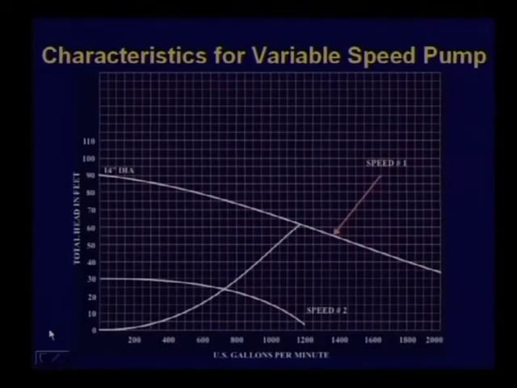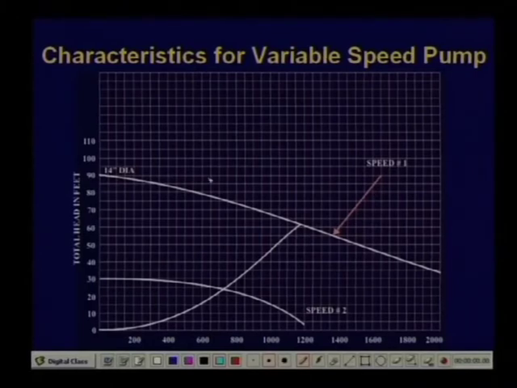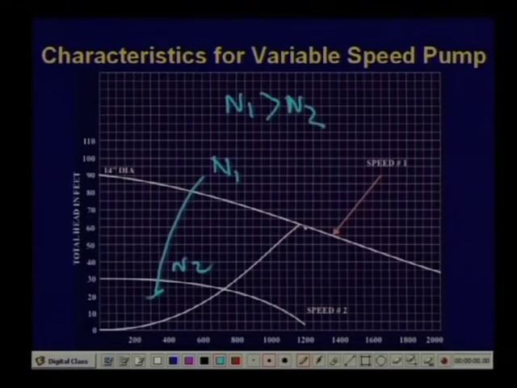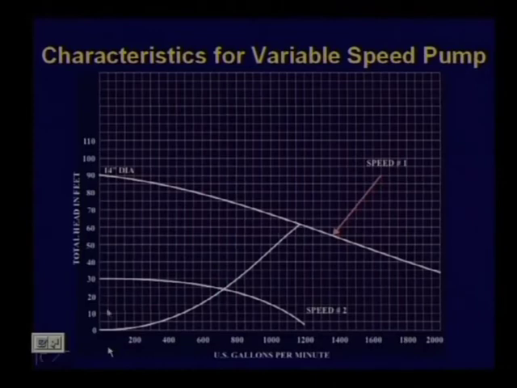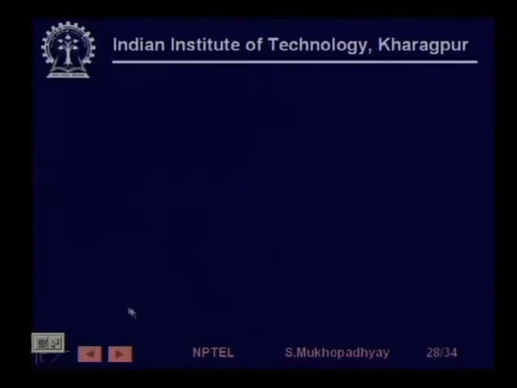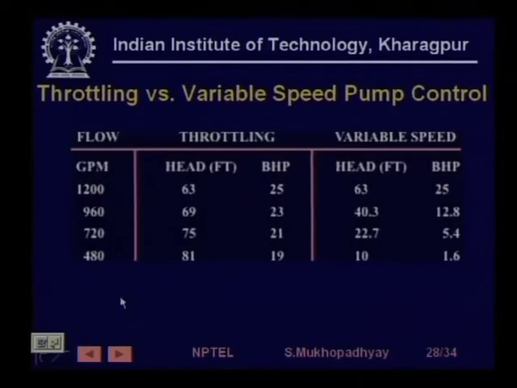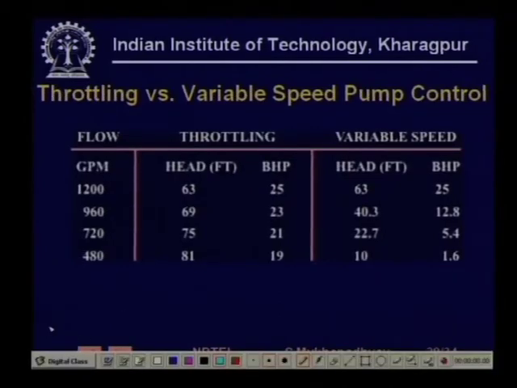Now, if we control the speed as before, the pump characteristic will come down. This is N1, this is N2, and N1 is greater than N2. So, the operating points will now shift from this to this, just like the previous case. If you do a similar analysis on this pump, a similar thing comes out.